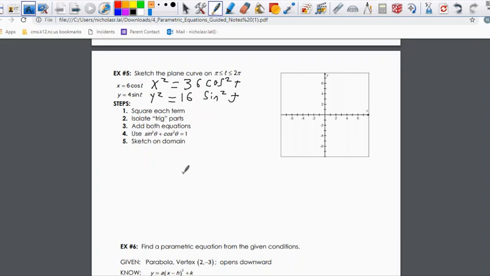Step 2 is to isolate the trig parts. So x squared is equal to 36 times the cosine squared of t. y squared is equal to 16 times the sine squared of t, which means x squared over 36 is equal to the cosine squared of t.